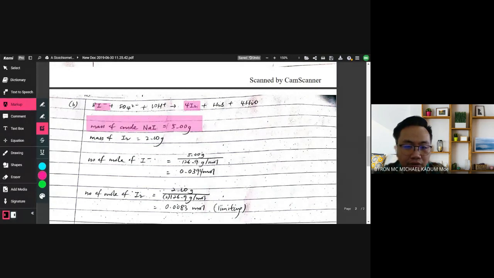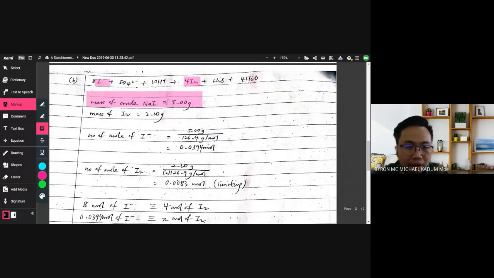Now, number of mole of I minus. I minus ni secara kasar lah, number of mole dia ambil 5 gram. Okay, darab dengan 126.9 gram per mole, kita dapat bilangan mole di sini. Okay, number of mole of I2. Okay, number of mole of I2, kita ambil 2.10 grams. Yang atas ni kamu abaikan dulu. Yang mole of I minus ni abaikan dulu.